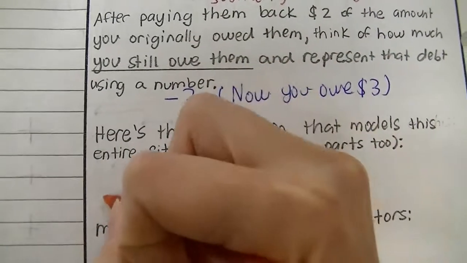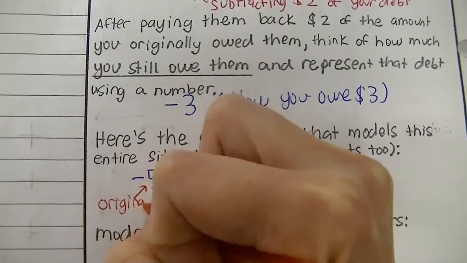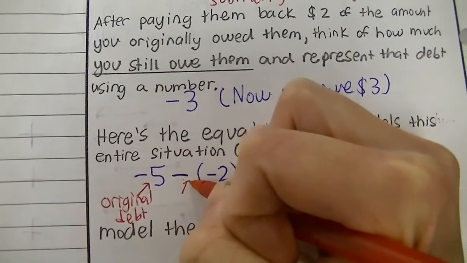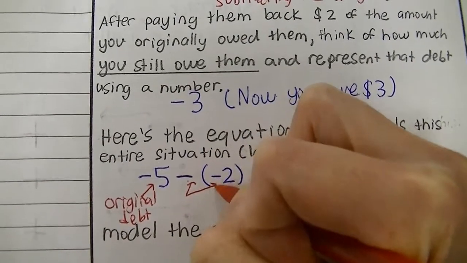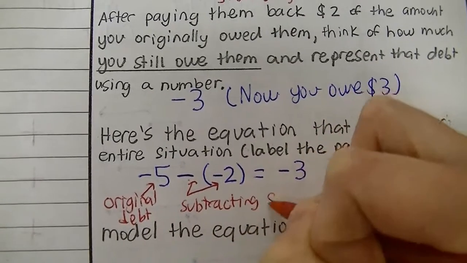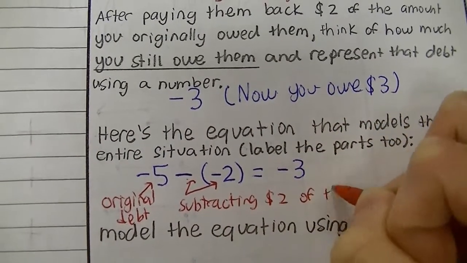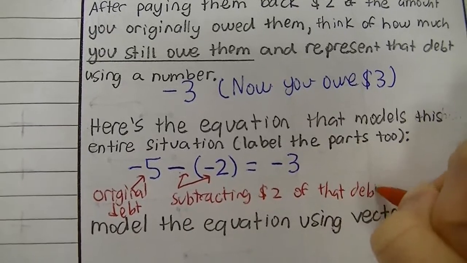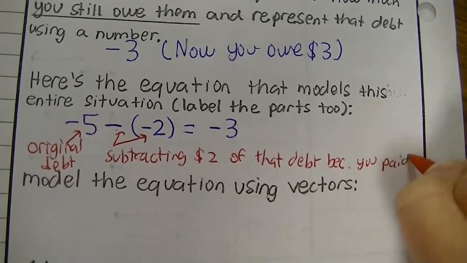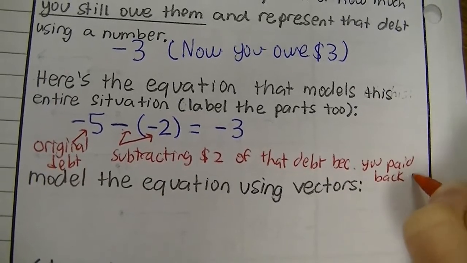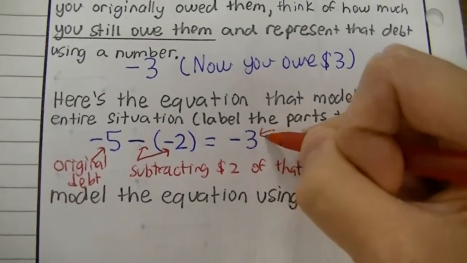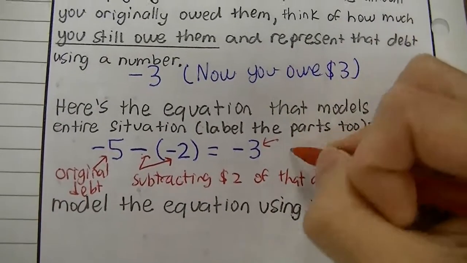So this -5 was your original debt. Okay, right here is where you're subtracting $2 of that debt because you paid back $2. Okay, and this -3 right there represents that you still owe them this amount.